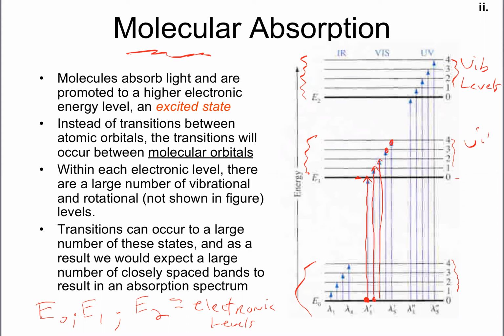Now these vibrational levels are very, very closely spaced typically, in energy. They don't vary very much. And what they really correspond to is different allowed vibrational modes of the molecule, if you want to think about it that way.